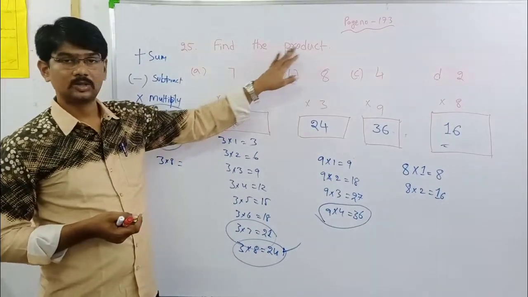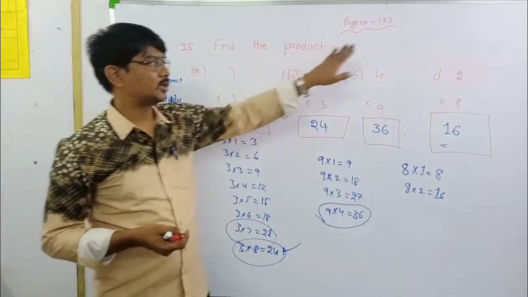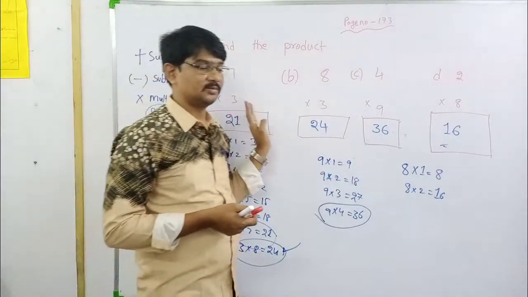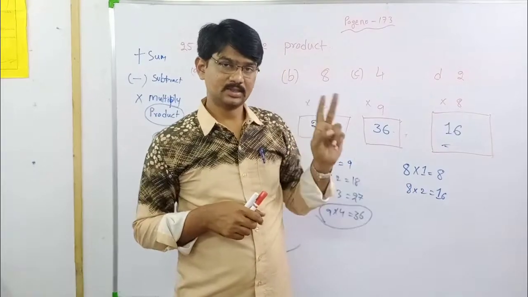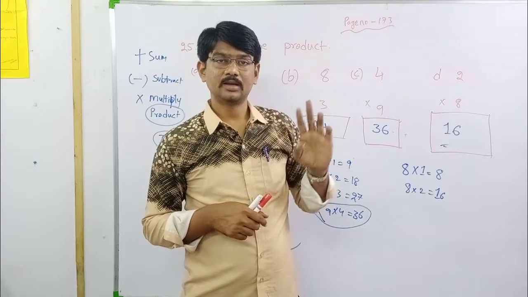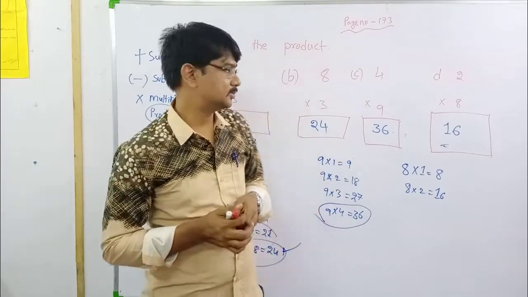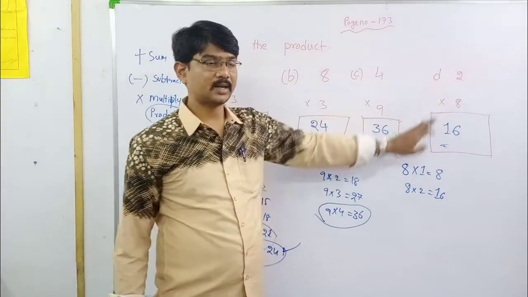Find the product. Okay, in your textbook page number 173, question number 25, there are 10 problems: A, B, C, D, E, F, G, H, I, J. How many? 10 problems. Already A, B, C, D are solved, right?